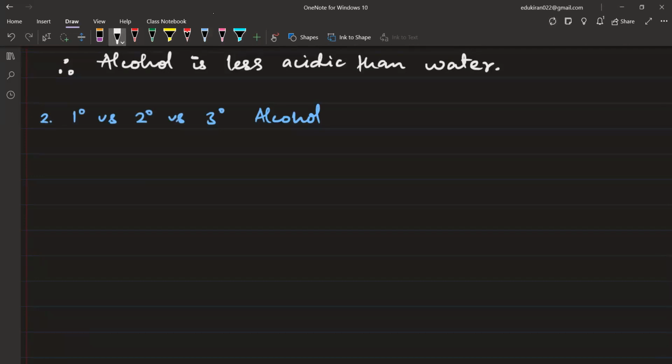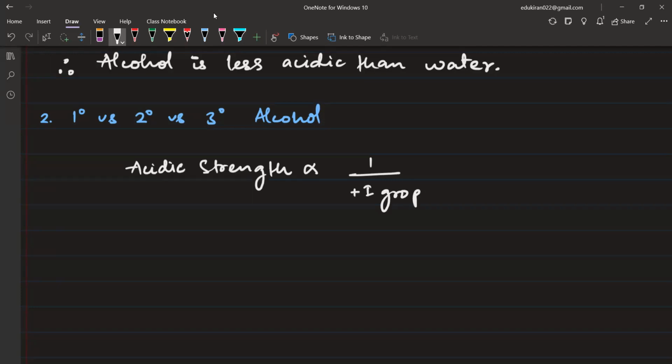As we have already seen in the previous case, acidic strength decreased due to the presence of a plus I group. Why did alcohol have less acidic strength? Because it had a plus I group. That means if we have more plus I groups, we will have less acidic strength.